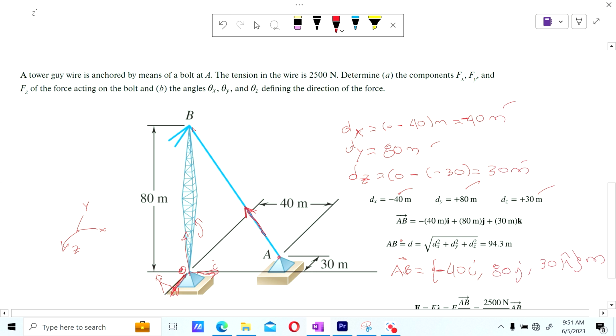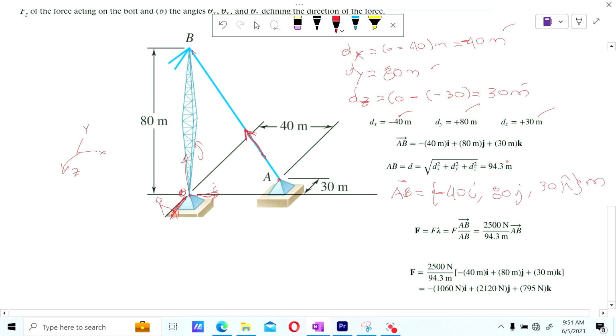If we do the square root of that, it's 94, and the unit vector is the AB vector divided by the AB magnitude. AB magnitude is this guy.